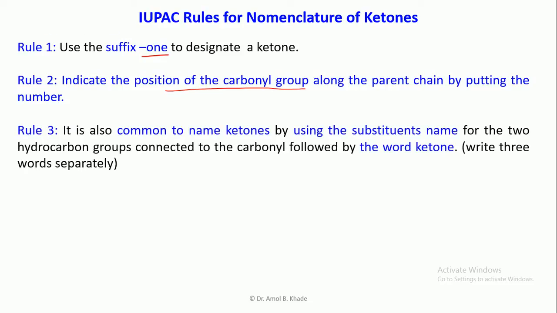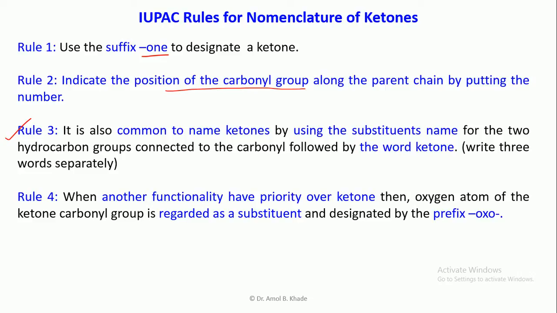Then rule number 3 says it is also common to name ketones by using the substituent names for the two hydrocarbon groups connected to the carbonyl followed by the word ketone. So we can write these three words separately. I will give you one example where you can understand rule number 3.